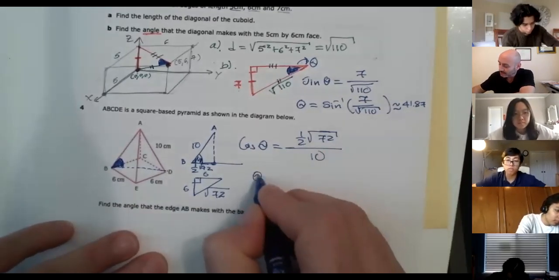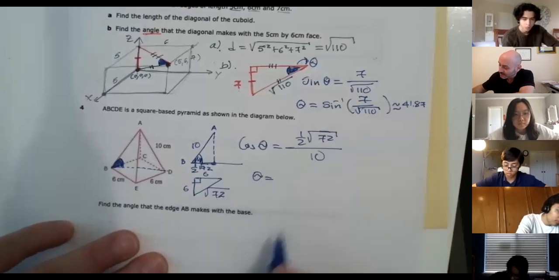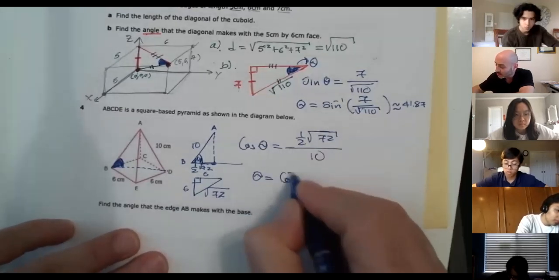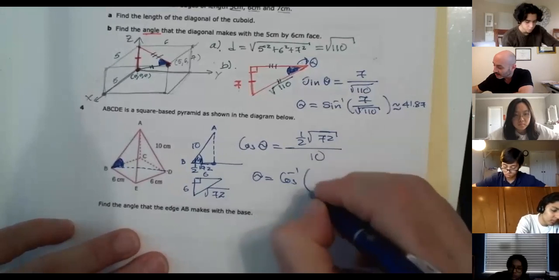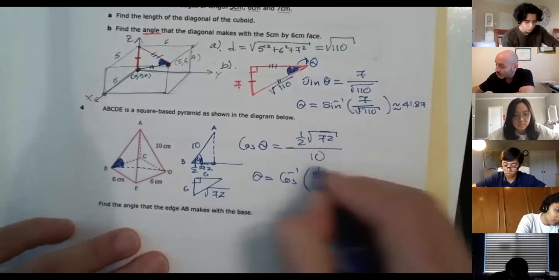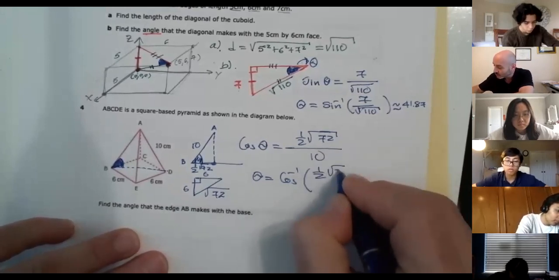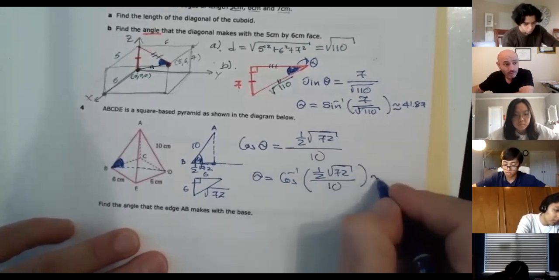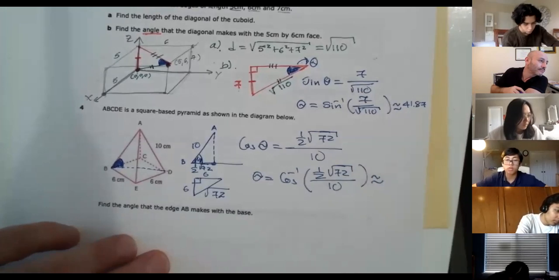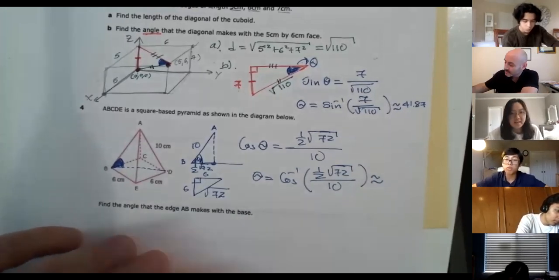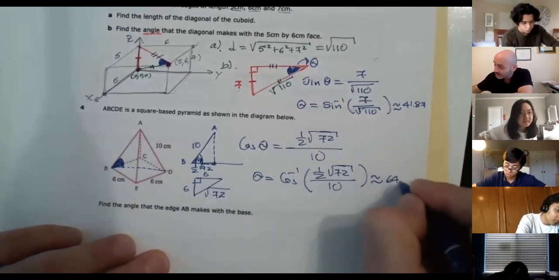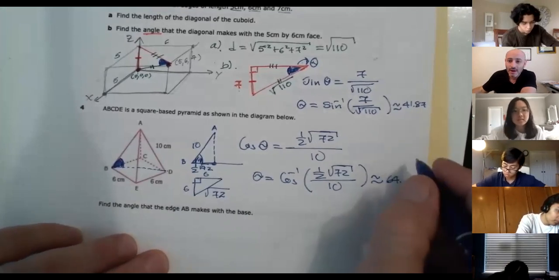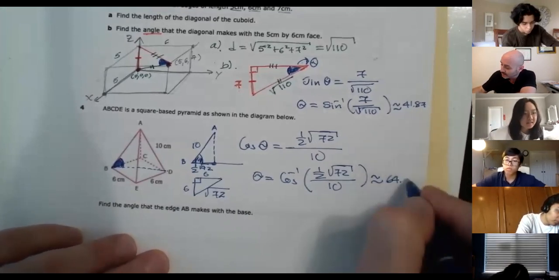So theta will be the cosine inverse, or arccosine, of 1/2 the square root of 72 over 10. Tell me what you got. I have 64.89. That's it. 64.91 or 64.89?